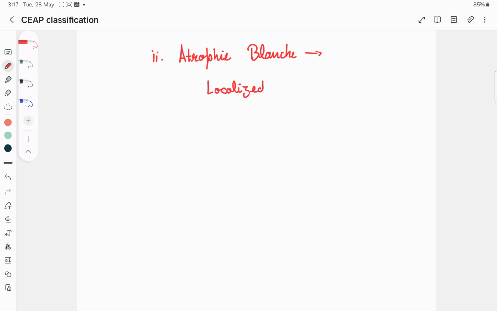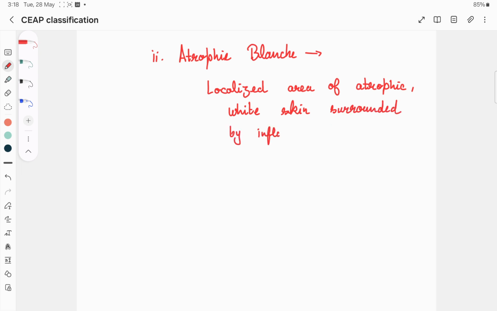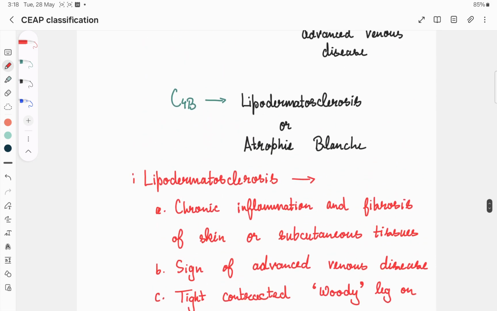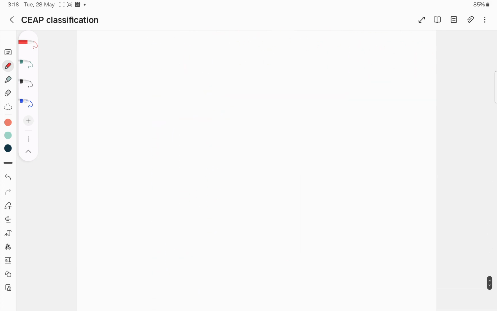Atrophie blanche is a localized area of atrophic white skin surrounded by inflammation, pigmentation. So we've learned about lipodermatosclerosis and atrophie blanche. What is C5? C5 is a healed venous ulcer. And what is C6?